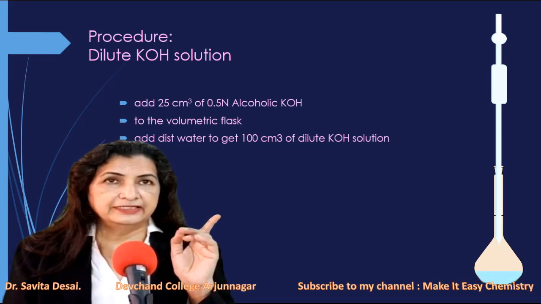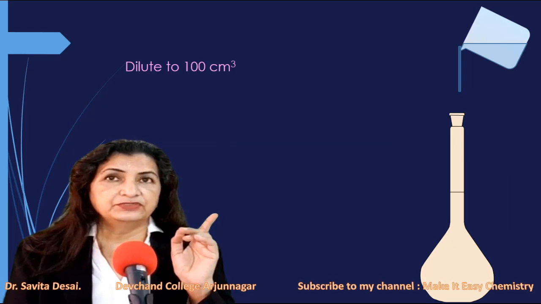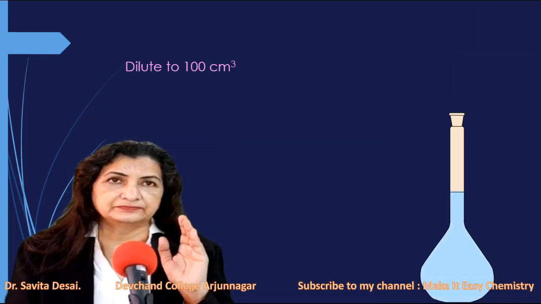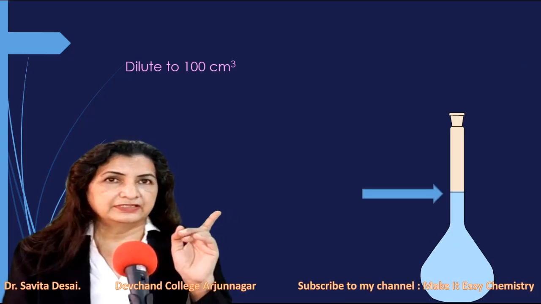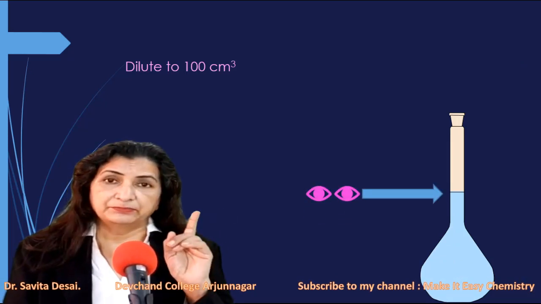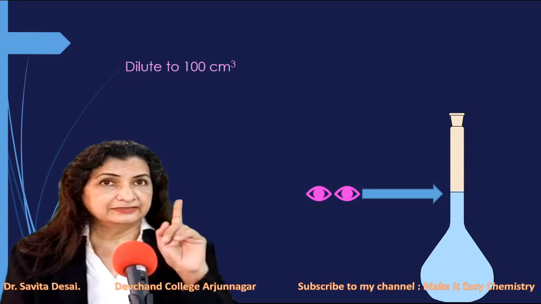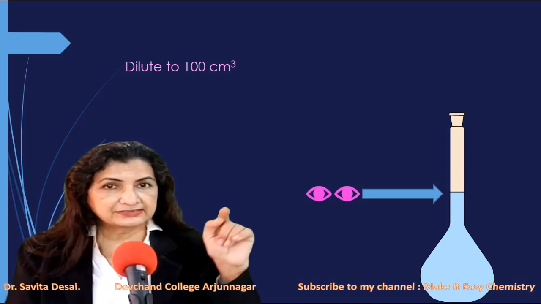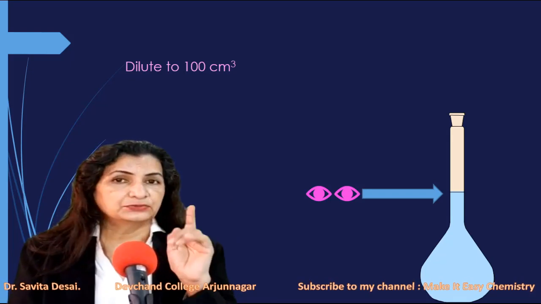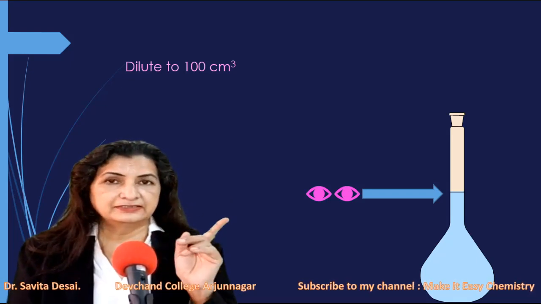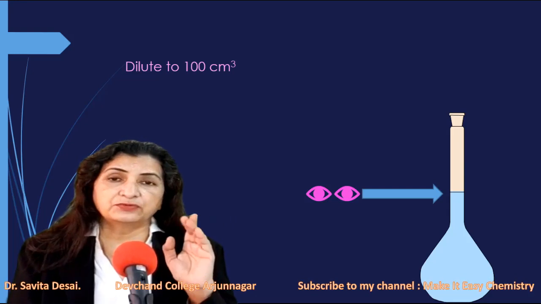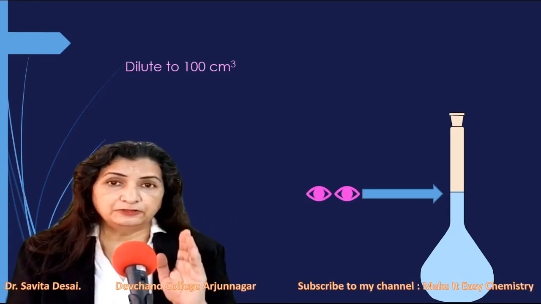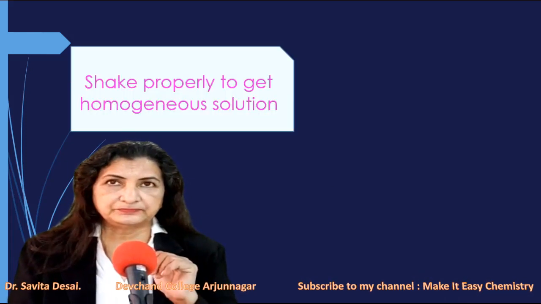Okay, and then we are going to dilute this to 100 ml. Again, the same precaution is taken that the marking should be in line with our eyes and the lower meniscus of the solution passes through the marking. This is the method by which we get 100 ml of dilute KOH solution.